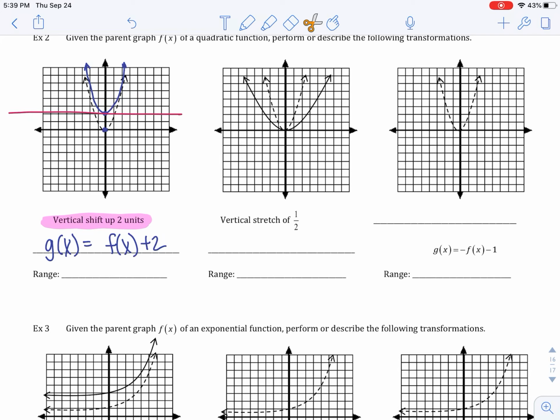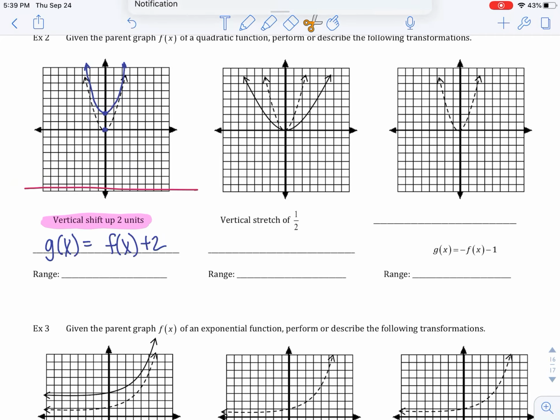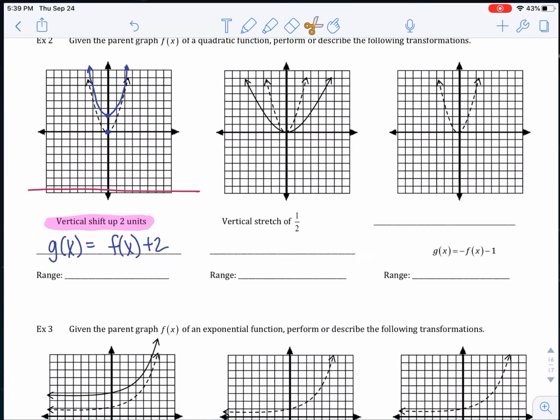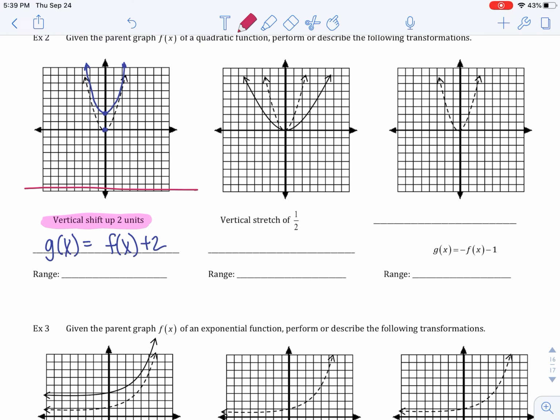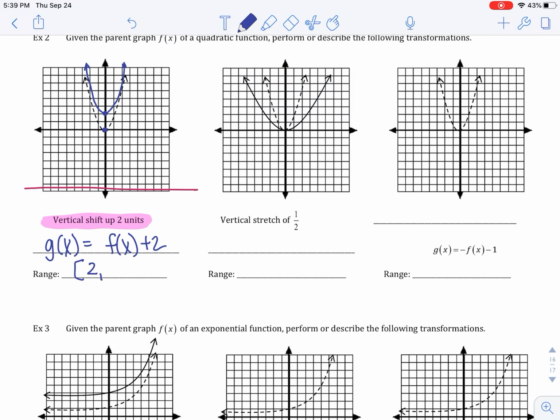Finally, I hit it right there. That height is at 2. I keep going up, up, up, and I end on arrows that are pointing upwards, up to infinity. So my range then is, sorry, from 2 to infinity.